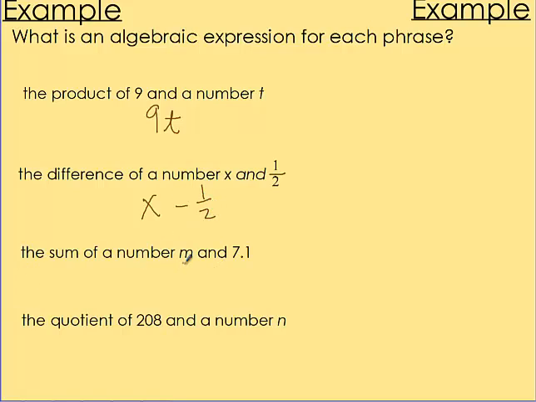The sum of a number m and 7 and 1/10. Well, sum means add, so we're going to add these. m plus 7 1/10. The quotient of 208 and a number n. Quotient means divide, so I can do it this way. 208 divided by n. I can also write this as a fraction, 208 over n. Both of these would work.